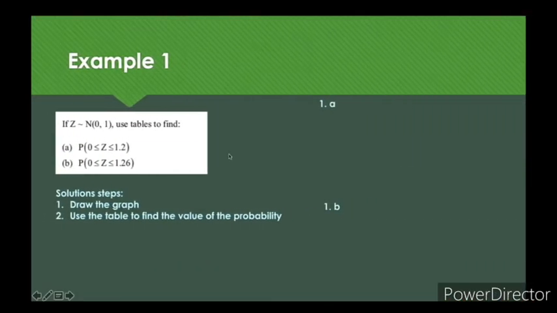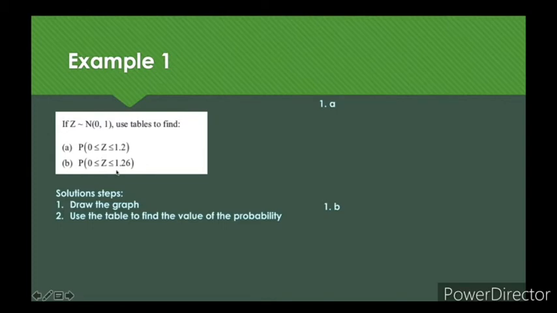So example number 1: we are going to find the probability of z from 0 to 1.2. The second one is finding the probability of z from 0 to 1.26. Z here represents the standard normal distribution.